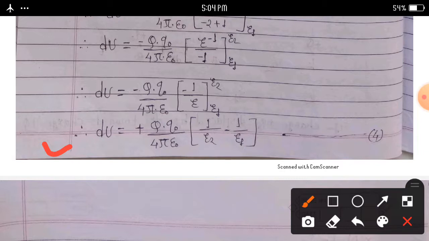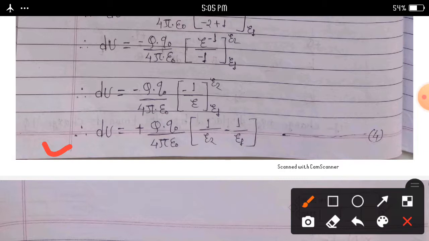Okay, another question for 1 mark: write the formula for potential energy U of a system of 2 point charges q1 and q2 separated by distance r. Then we can derive it another way. U of r is equal to q1 q2 upon 4 pi epsilon naught into r. Basically, as the electrostatic force at r equal to infinity is zero, it is convenient to choose electrostatic potential energy to be 0 at infinity.